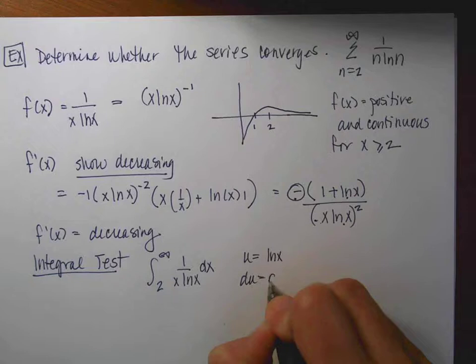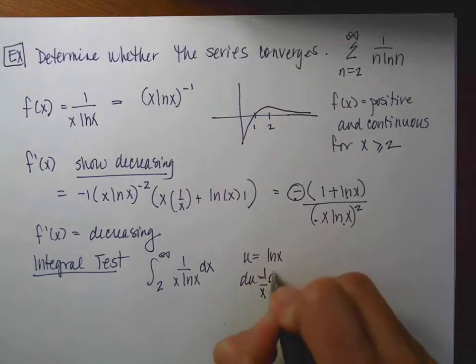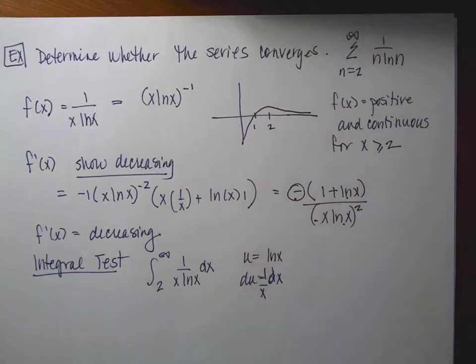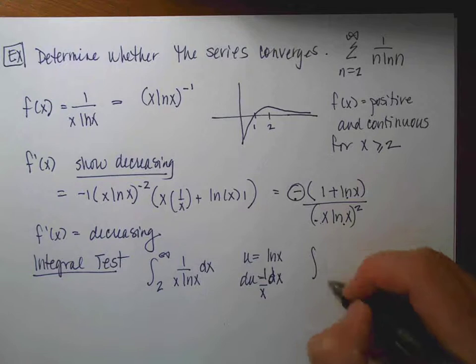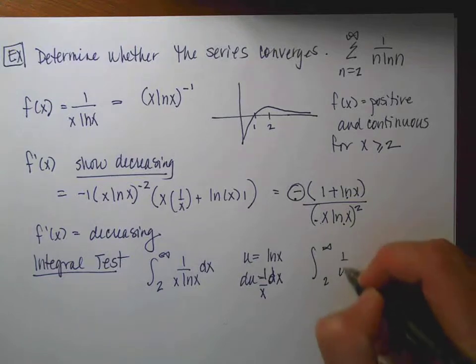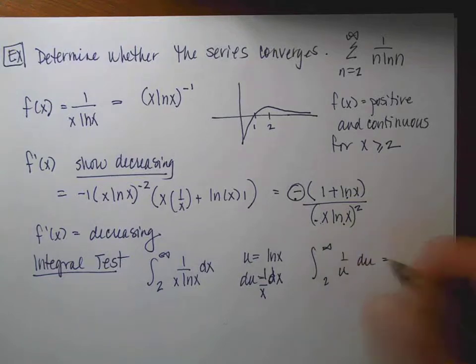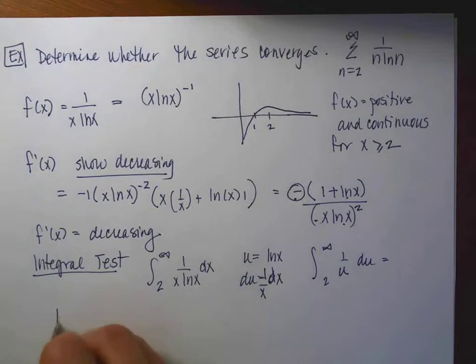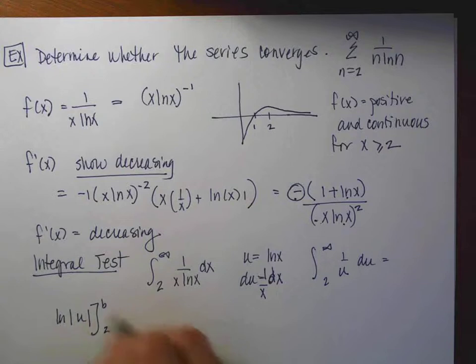So I'm going to let my u equal the natural log of x. My du is 1 over x dx. So my integral becomes 2 to infinity of 1 over u du, which is the natural log absolute value of u evaluated from 2 to b.